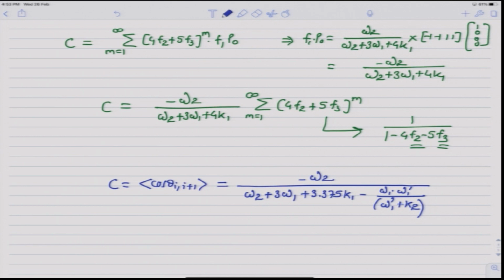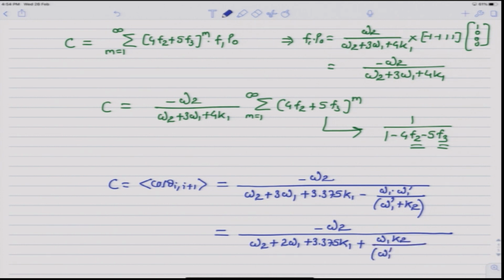which can also be written as minus omega 2 over omega 2 plus 2 omega 1 plus 3.375 k1 plus omega 1 k2 over omega 1 prime plus k2.